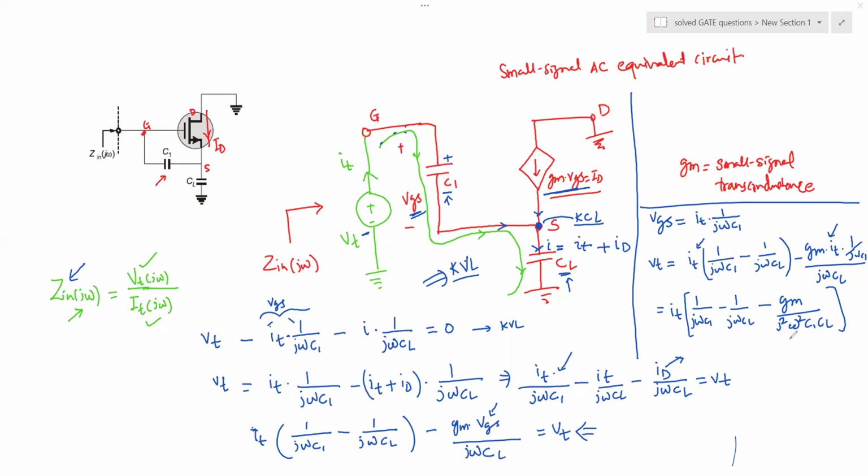Did we make any mistake here? Okay, there is this mistake. If we look at this equation, the next step would be V_T will be equal to, we take this term to the right side of the equation and this term also to the right side. So I of t times 1 over j omega C1, plus this term is going to be plus I_T, and this one.